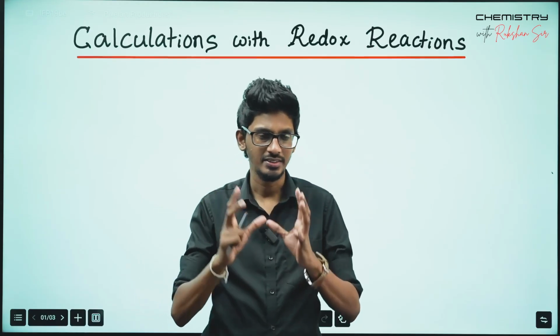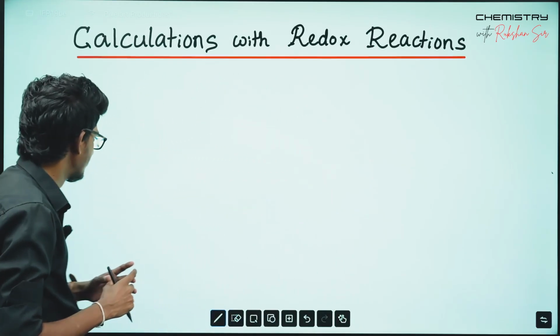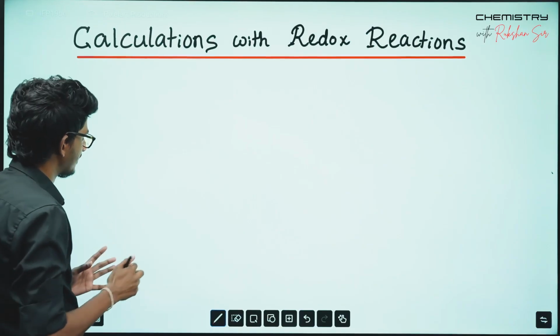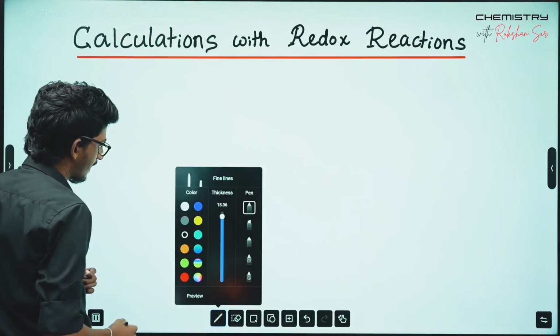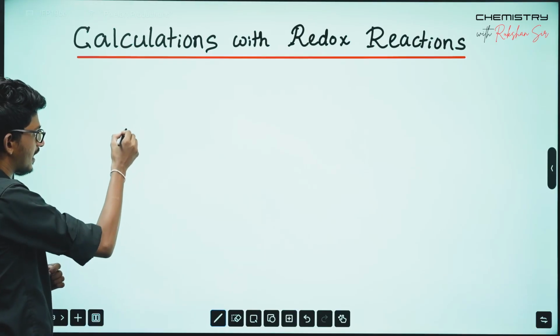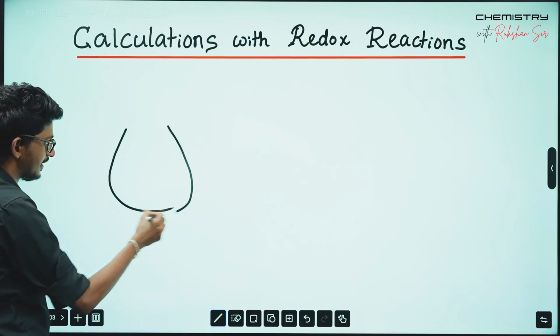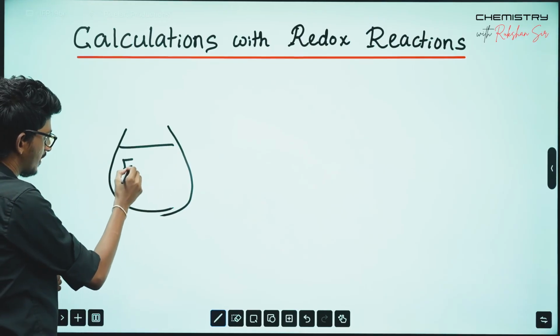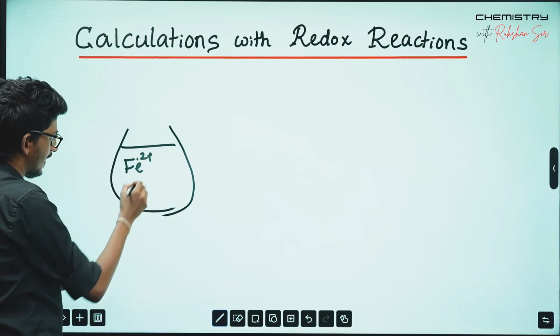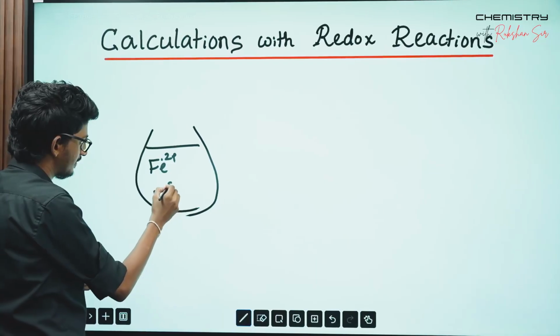So the idea is this. First we are going to discuss things like this. Let's consider a flask containing some Fe2+ and Fe3+ ions in it.